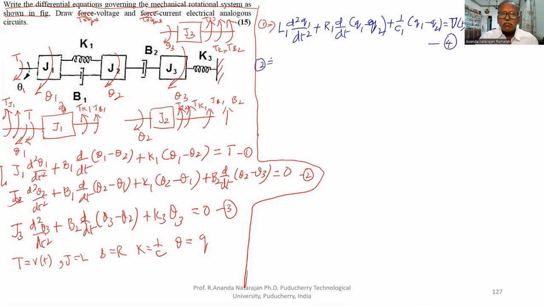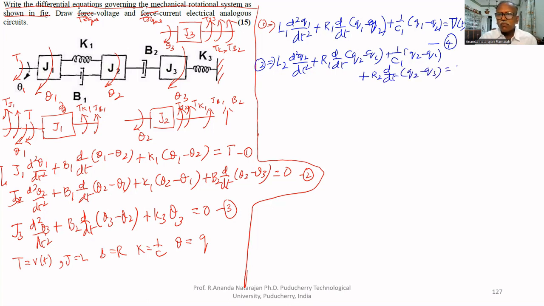The second equation becomes L2 d square q2 by dt square plus R1 d by dt of q2 minus q1 plus 1 by C1 q2 minus q1 plus b2, that is R2, d by dt of q2 minus q3 equal to 0. This is the fifth equation.